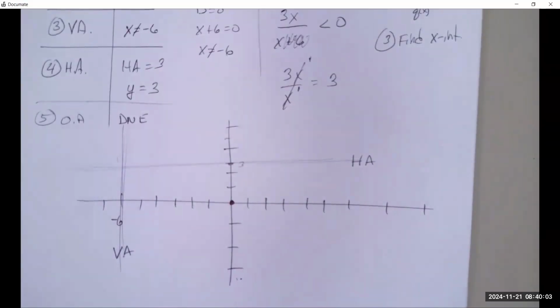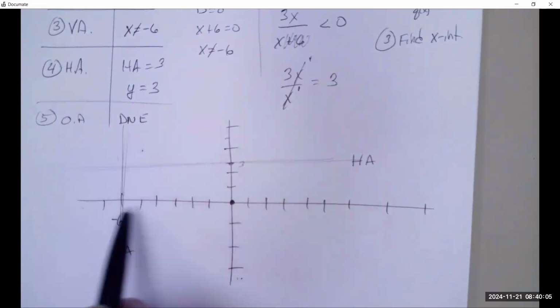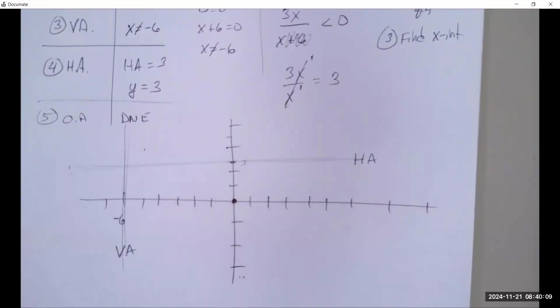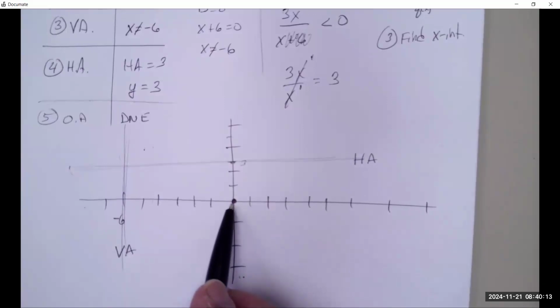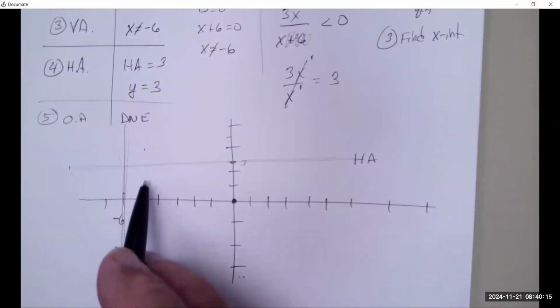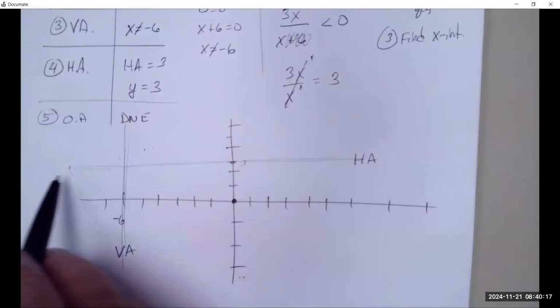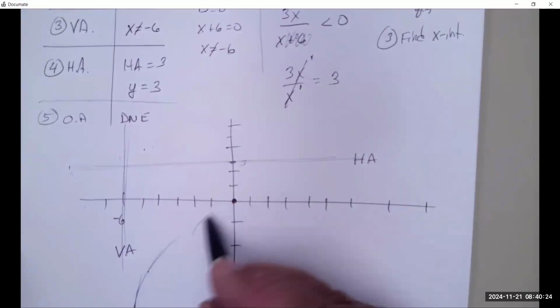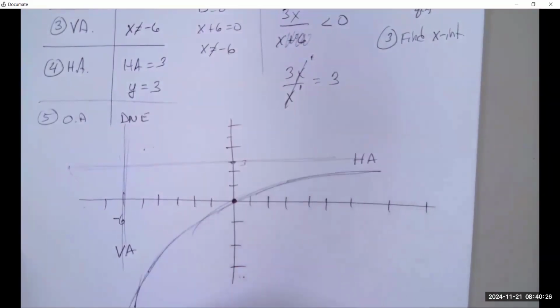So my graph has to fit in 2 of those 4 quadrants here. Well, how do you test that? Well, first off, since we have an x-intercept here, we know our graph has to be on this one because we have no horizontal intercepts. So this side here will look like this.